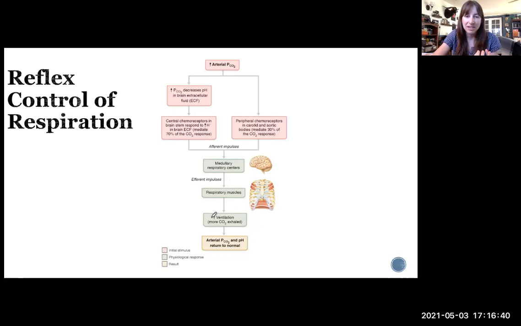You have increased ventilation, and carbon dioxide now gets to travel down its concentration gradient into the lungs, and you can exhale it. In that way, you dispose of that excess carbon dioxide, and you lower your arterial carbon dioxide concentration and increase the pH back to normal.